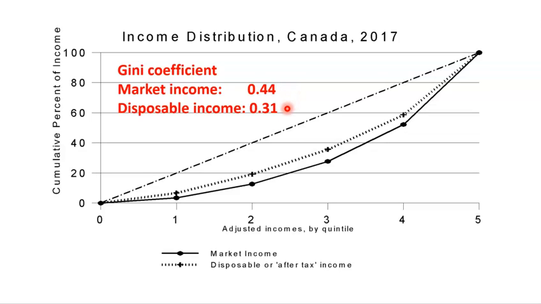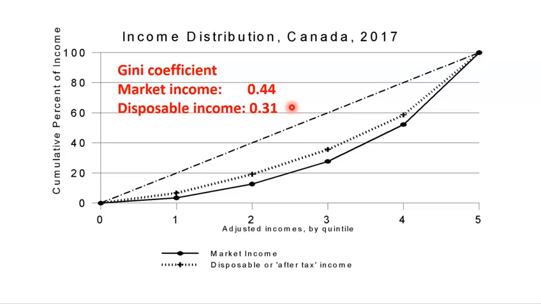Once we include the effect of taxes and cash transfers, you can see that the Lorenz curve moves towards this line of equality, and so the difference between that line of equality and the Lorenz curve shrinks. So when you measure it, it turns out that the Gini coefficient is 0.31.